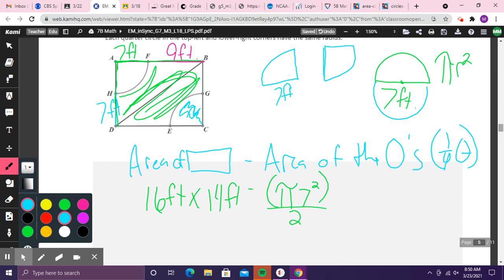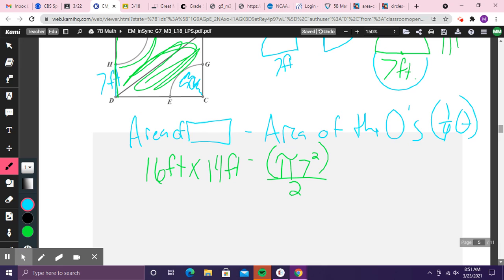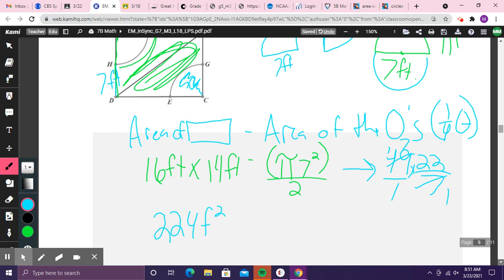So let's go ahead and do this real quick. I need someone to take 16 times 14 feet, 224 square feet. And then this here would equal 49 times pi, which is, they want us to use what for pi? 22 over 7 over 1, and that's 7, that's 1.